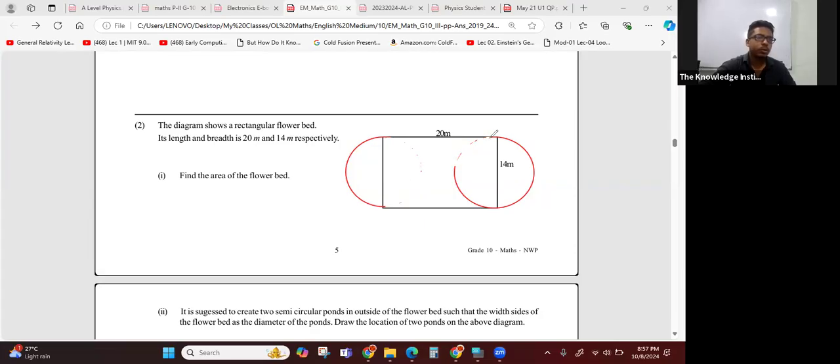Okay, so you have to draw two semicircular figures on both sides, because the diameter has to be the width.